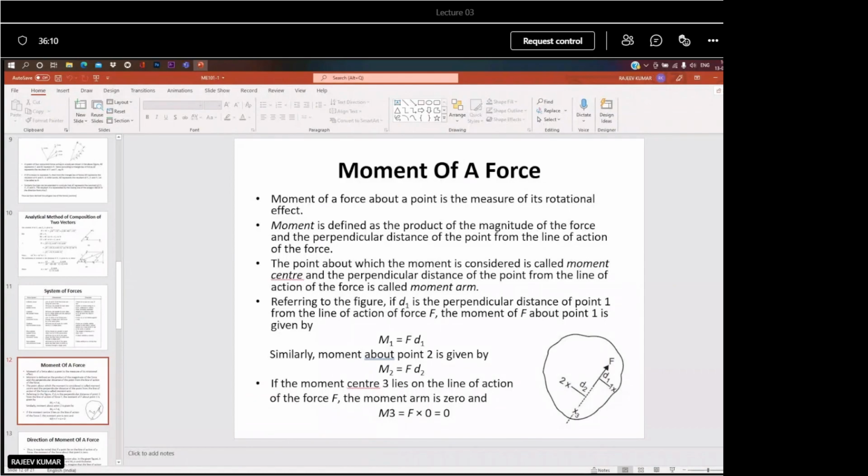So you take the moment about point x3. Imagine that x3 is not lying on this one line.